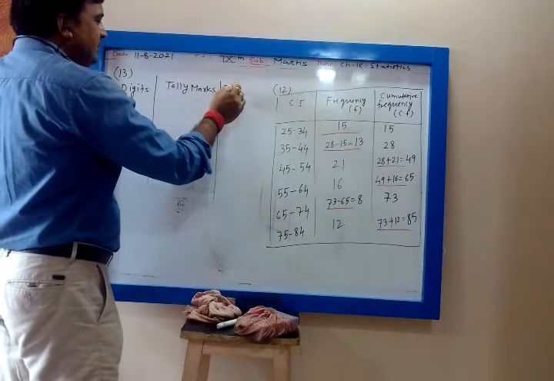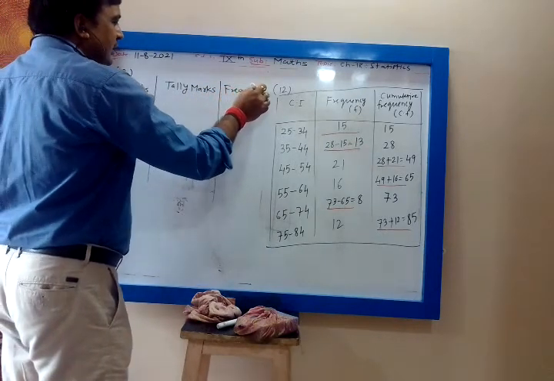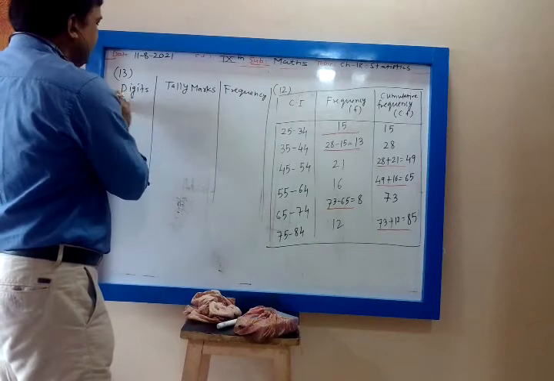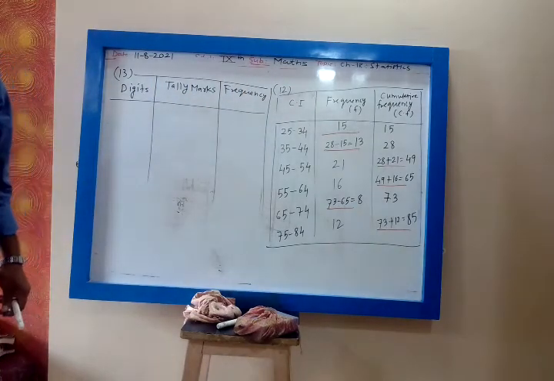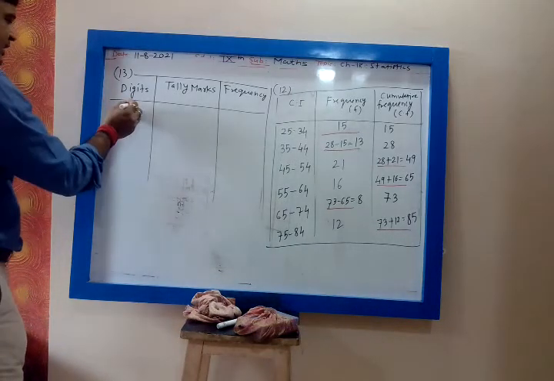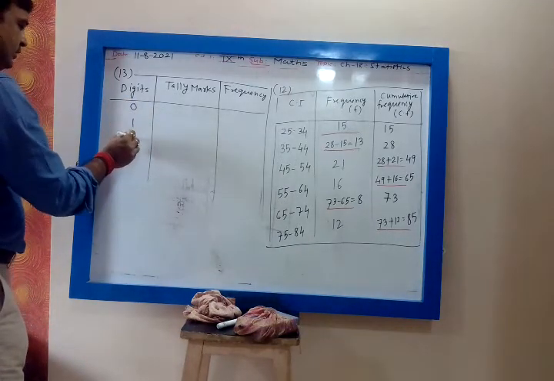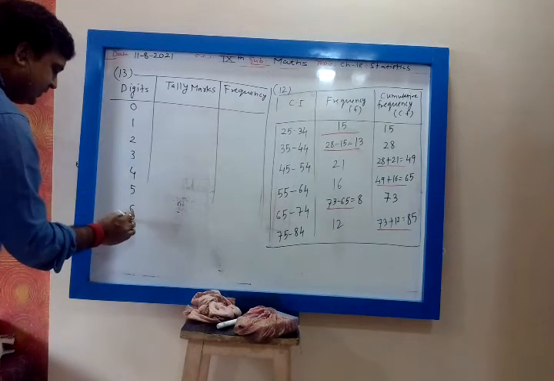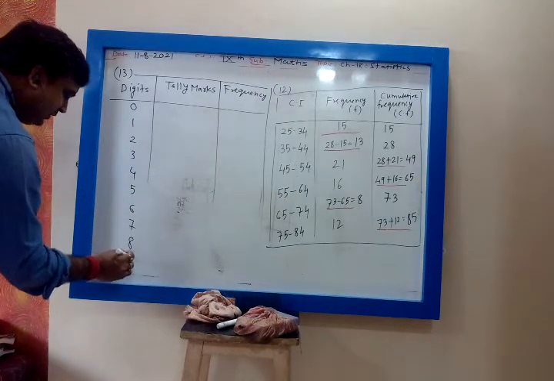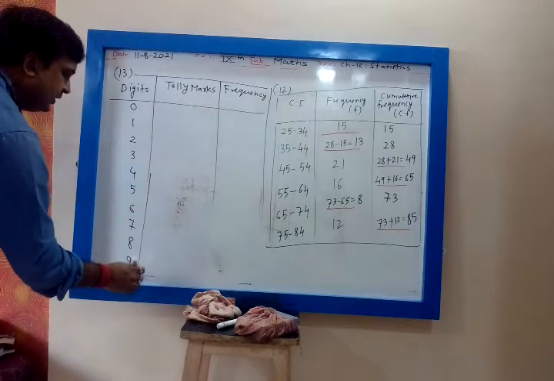Then last it will be frequency. Let us see what the digits are. It is asked digits from 0 to 9. So we write 0, 1, 2, 3, 4, 5, 6, 7, 8, 9. 9 are the digits.